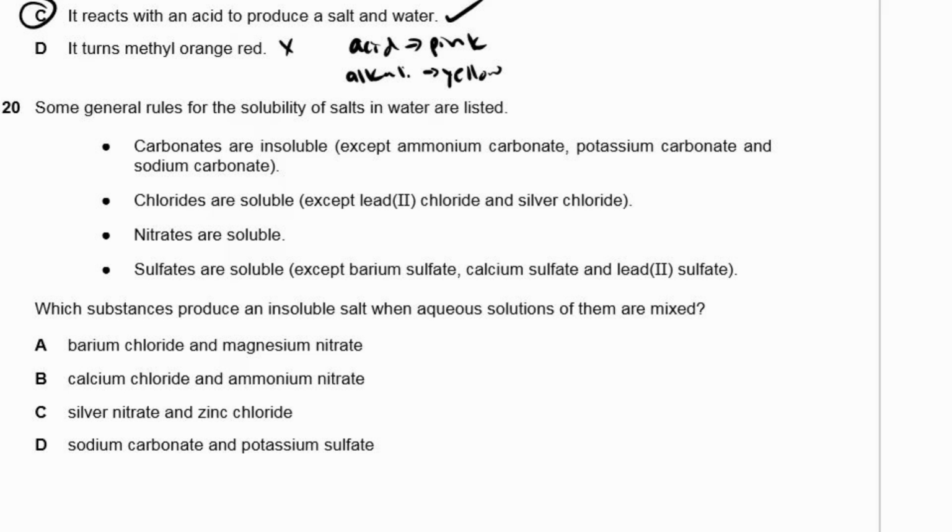Which substances produce an insoluble salt when aqueous solutions of them are mixed? With these, we'll just assume that everything reacts. So barium chloride reacts with magnesium nitrate. We will get barium nitrate and magnesium chloride.